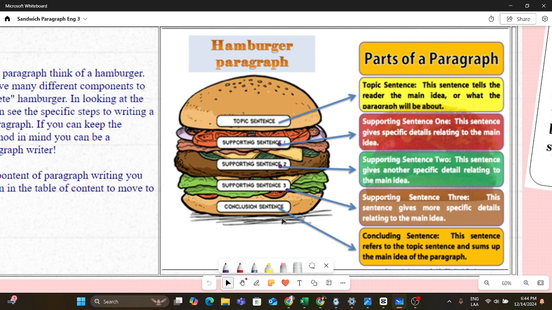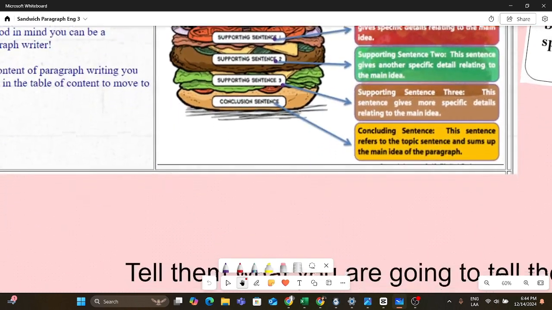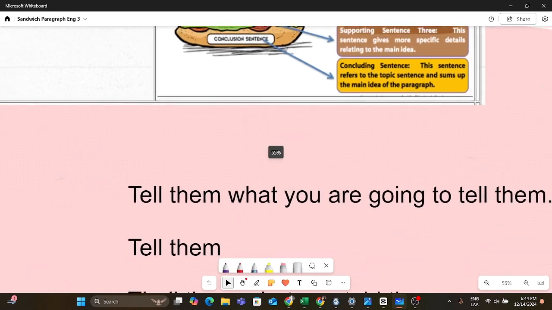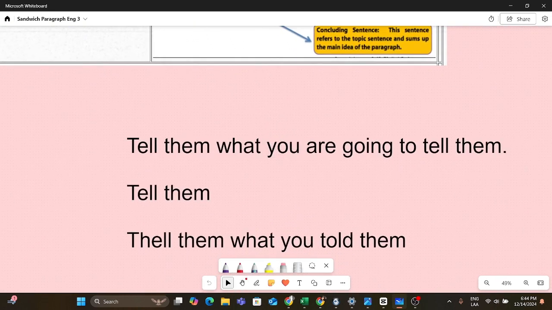It has the same idea, it is just a conclusion or a sum-up of what we said in the topic sentence. So we have the topic sentence, at least three supporting ideas, and a concluding sentence. In other words, we can use this expression too.